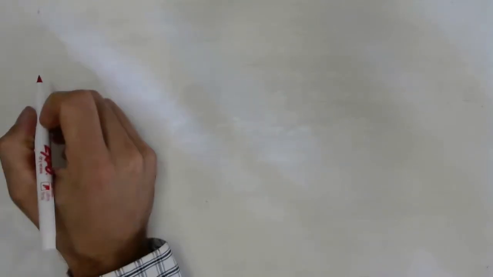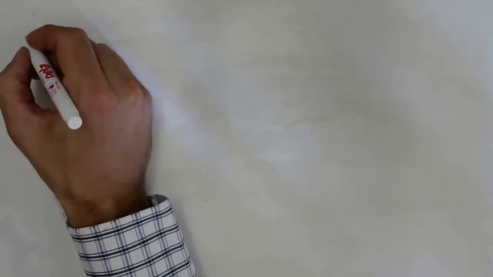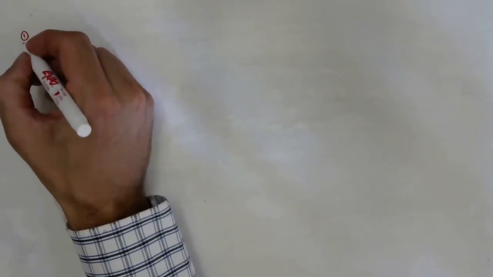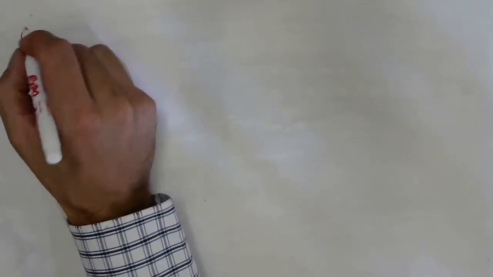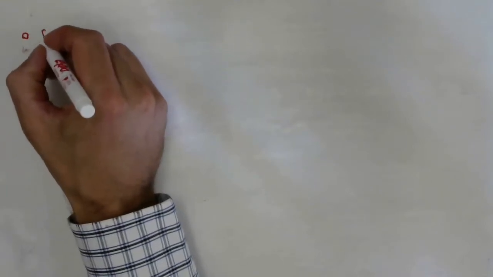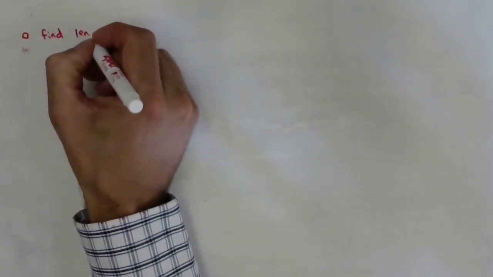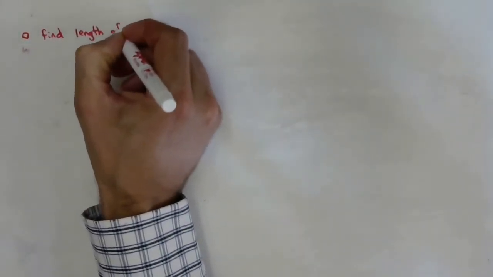And in order to do that, I'm going to need several things. So I already have, well, let's start from the back. I'm going to write a list. I'm going to write our goals. So our goals are to find length of road.